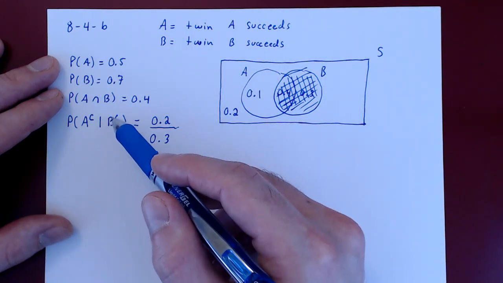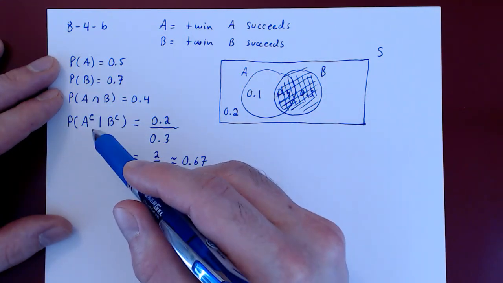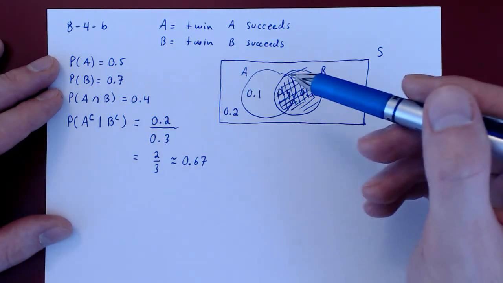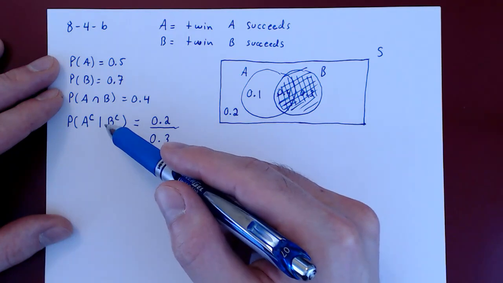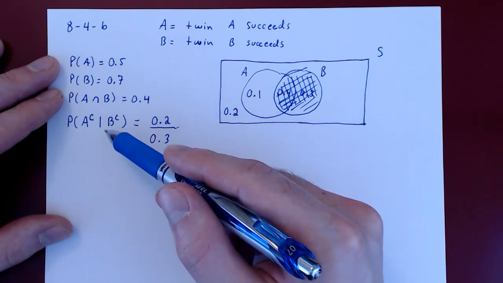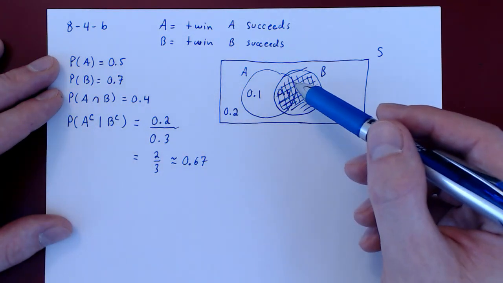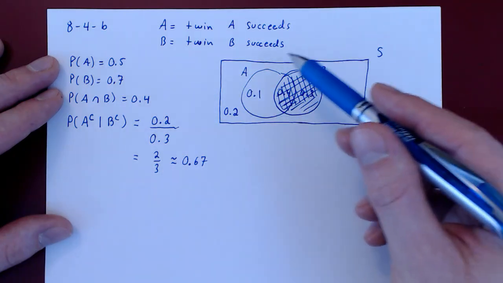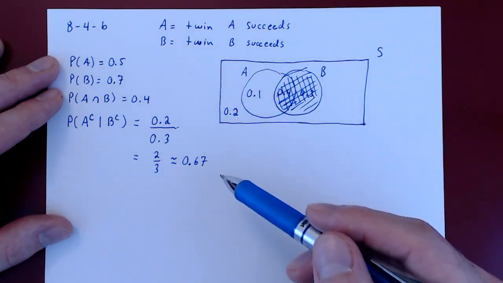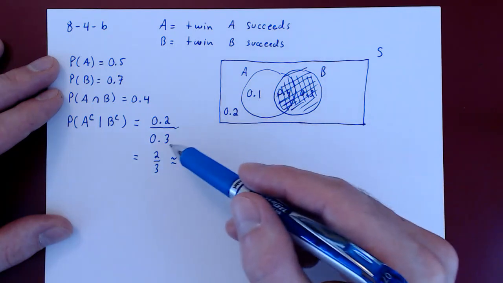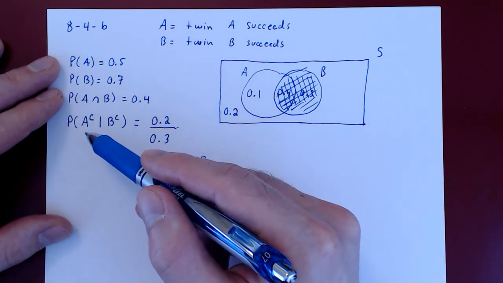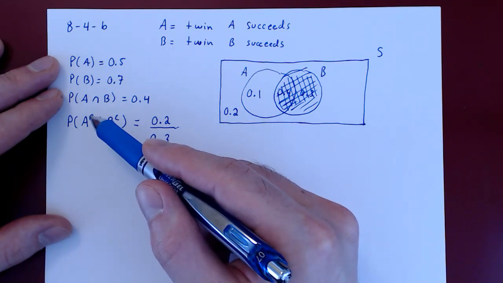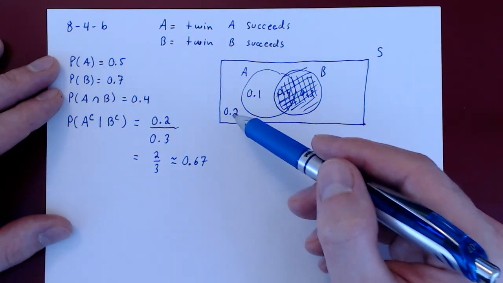And if you attempt to calculate a conditional probability, try to do it from the very definition, simply by shrinking down to the new smaller sample space. Here it was B complement, so everything outside of B was now the new sample space, and out of this total of 0.3, how much is occupied by the event of interest? Here this was A complement, everything outside of A, 0.2.